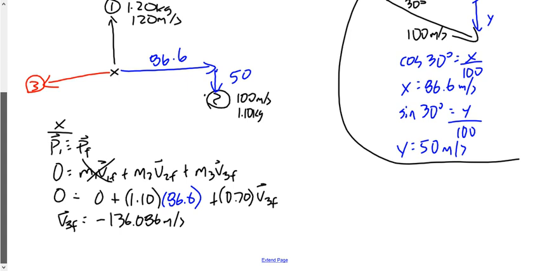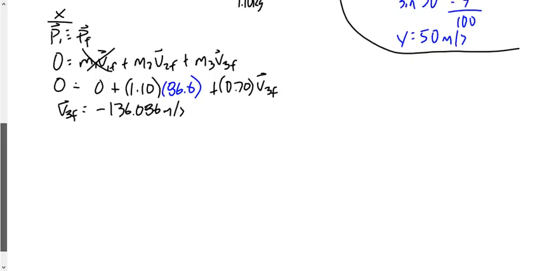Our issue was the up-down component, right? Let's take a look at that y component now. Pi is equal to Pf again. What's the initial momentum for the y-axis? 0. It's at rest, for the y-axis as well as the x-axis.